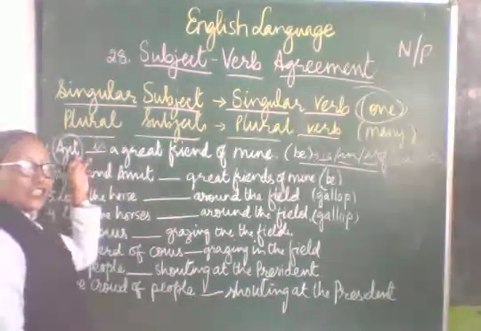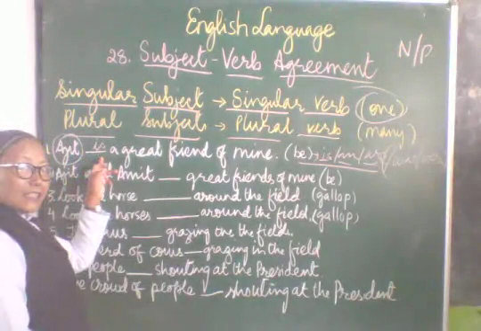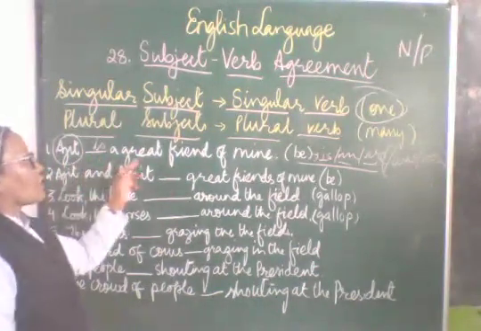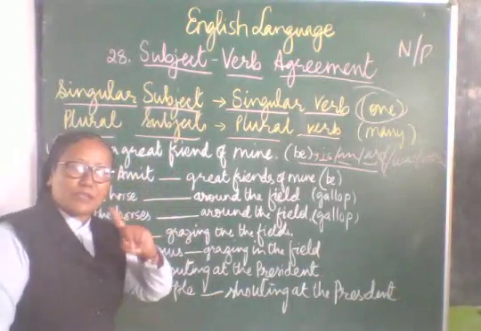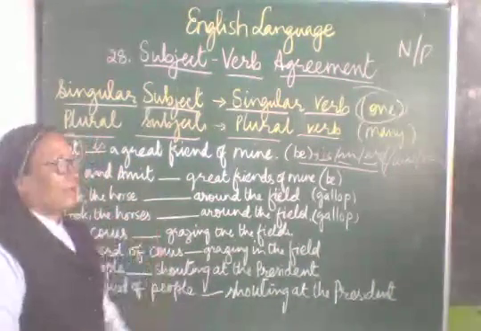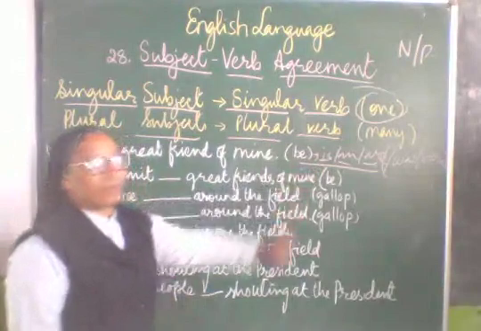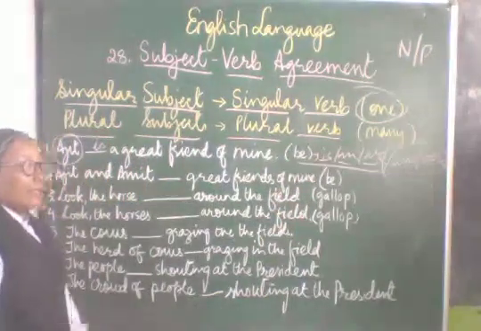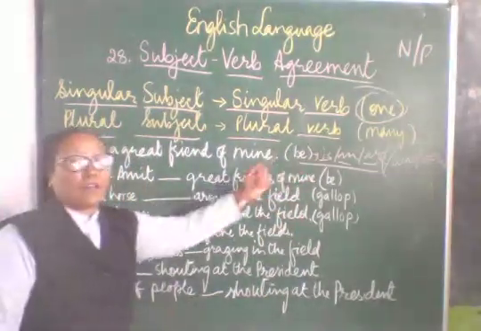Singular subject, Ajit, takes singular verb is. So Ajit is a great friend of mine. Only one person. This is a singular auxiliary verb.